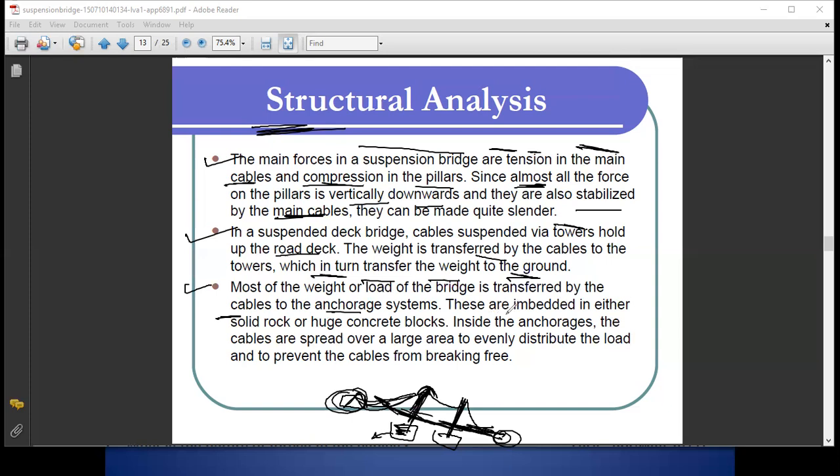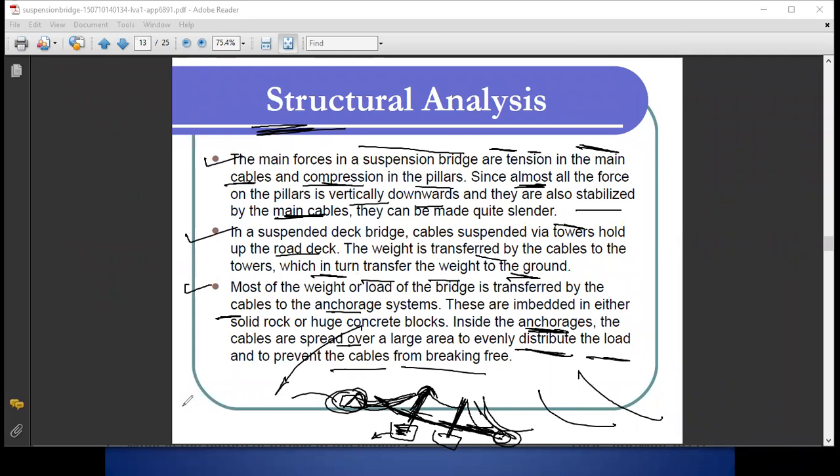These are embedded in either solid rock, which you can consider as a foundation, or concrete blocks. Inside the anchorage, the cables are spread over a wider area to evenly distribute the load and prevent the cables from breaking free.